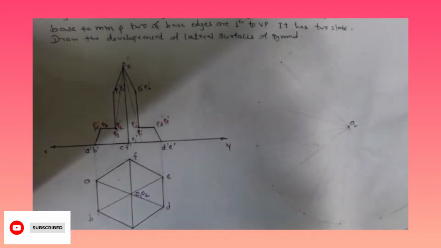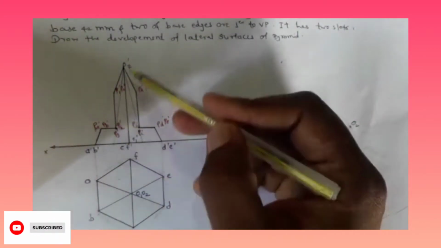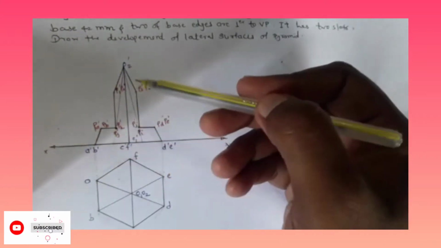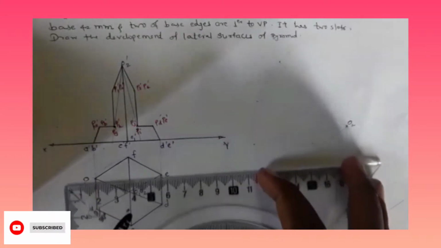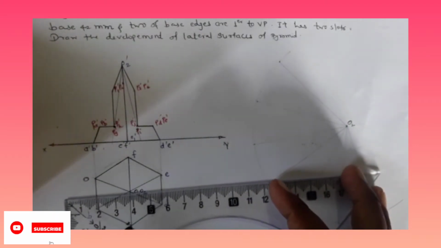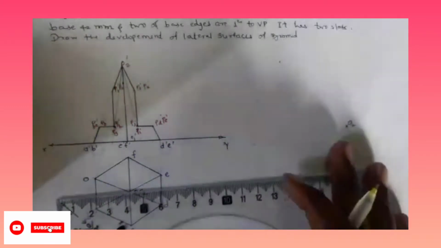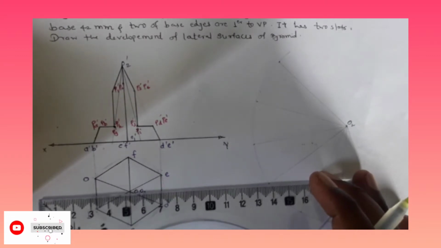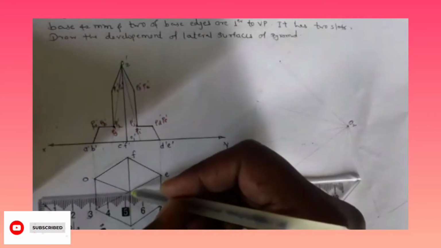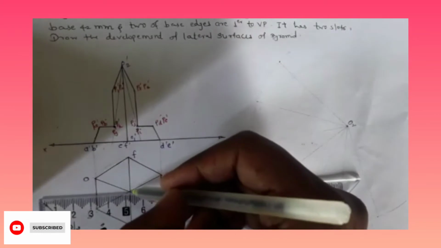Suppose we consider finding the true length of this lateral edge O2 dash B dash. For that, from the center in the top view, we need to draw a line parallel to the XY. Whatever line I draw here must be parallel to this XY.